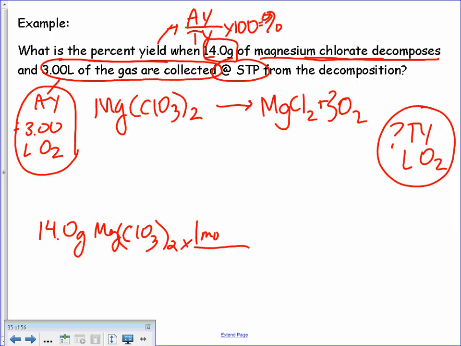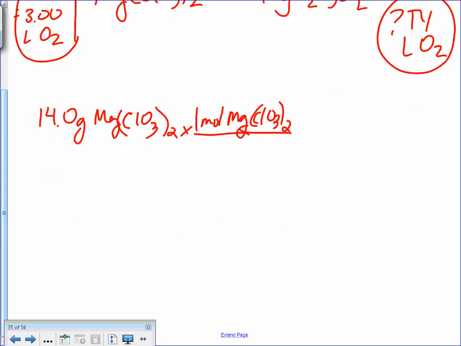Right, so somebody give me that molar mass. Teamwork, make the dream work, people. Magnesium weighs 24.31, plus 2 chlorines, 35.45, plus 6 oxygens, 16. What is it? 191. Anybody else? I can pull my notes.